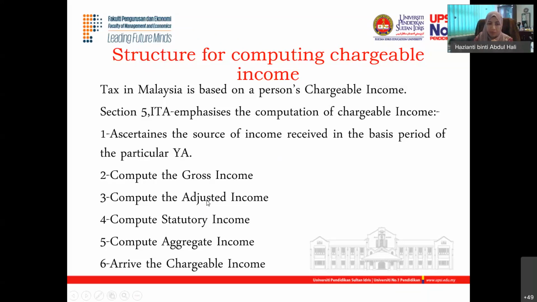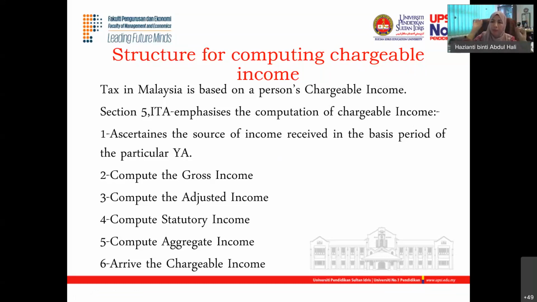Okay, adjusted income can sometimes be statutory income, where there is no adjustment, and sometimes kita skip je terus from adjusted income. In some cases we have statutory income which is equivalent to aggregate income. So aggregate here means you have different income from different section. Let's say you have one employment income, you have one rental income.